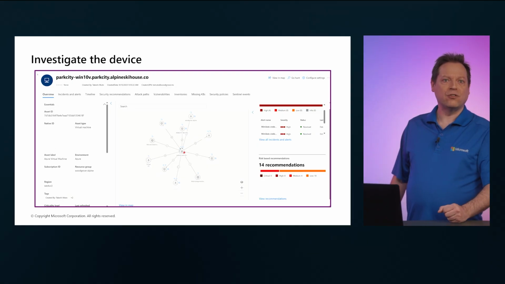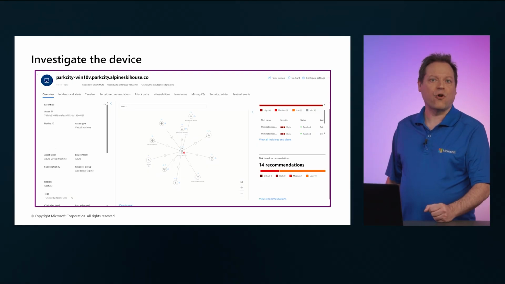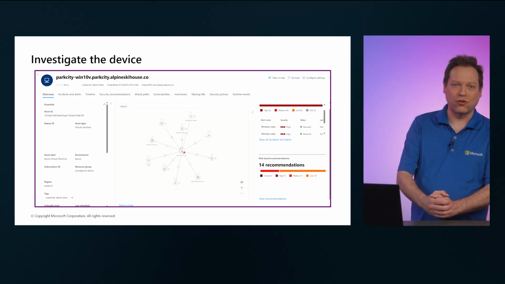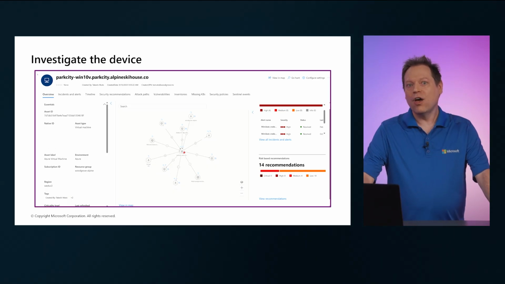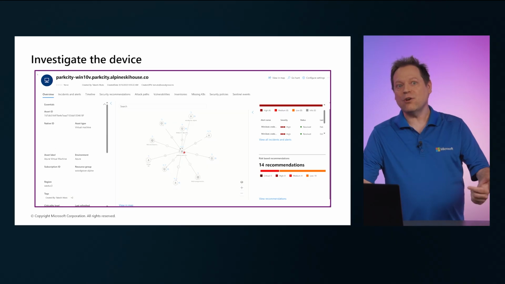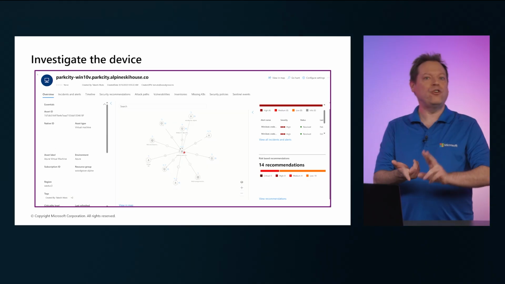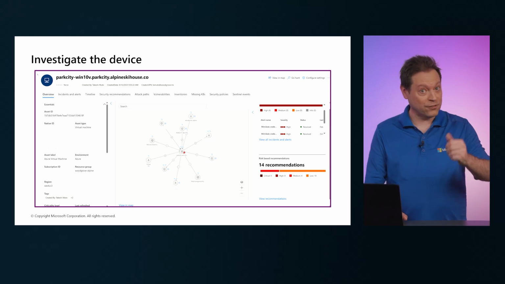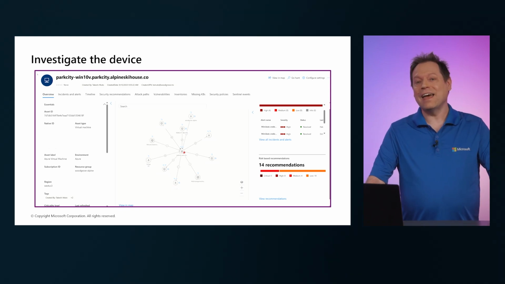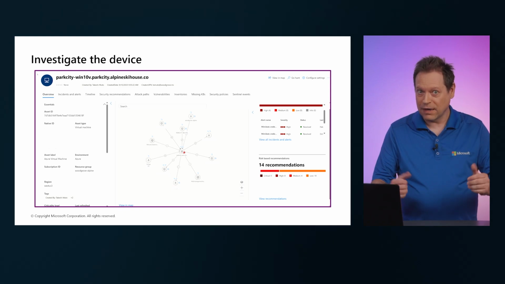When you pivot into a specific device, Defender for Endpoint gives you an investigation workspace built around context and action. You'll see device details, a set of response actions you can execute, and a series of tabs such as Overview, Alerts, Timeline, Security Recommendations, Software Inventory, Discovered Vulnerabilities, and Missing Knowledge Base articles, KBs.